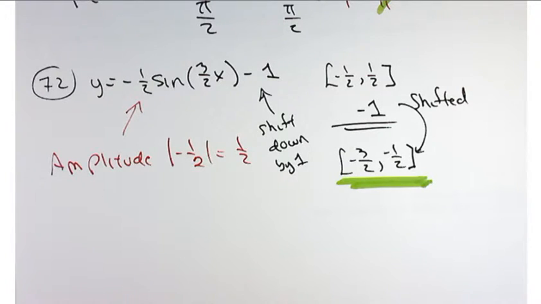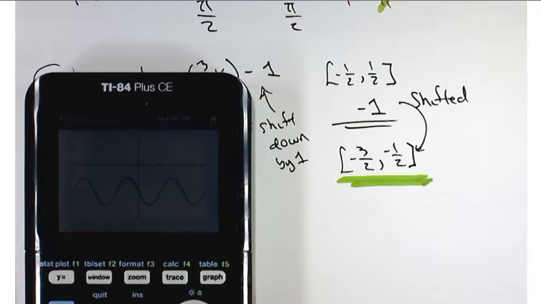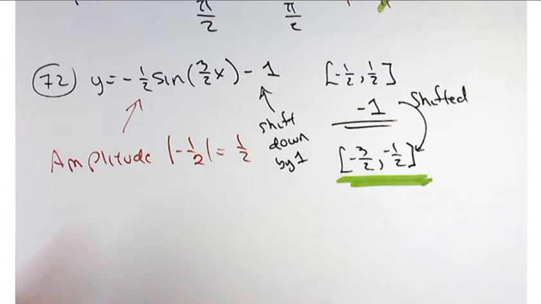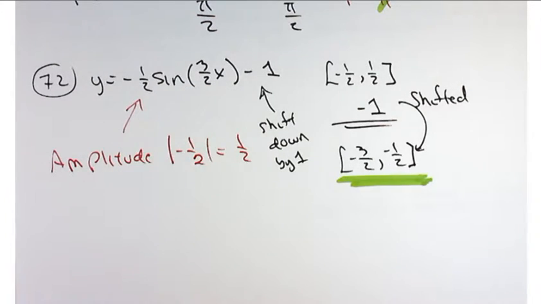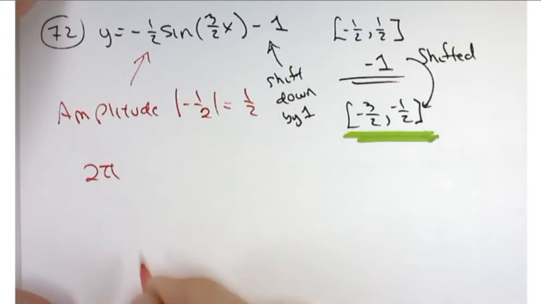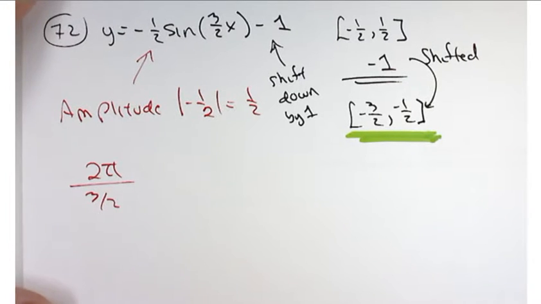Okay, so let's think here. One other thing that I'd like to know about my graph is what you just asked: what's the period? To figure that out, I can look inside the function. I've got 3/2 x. How am I going to figure out the period now? All right, so 2 pi divided by 3/2.